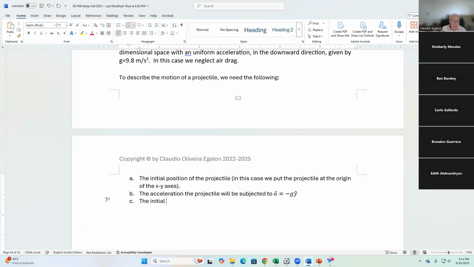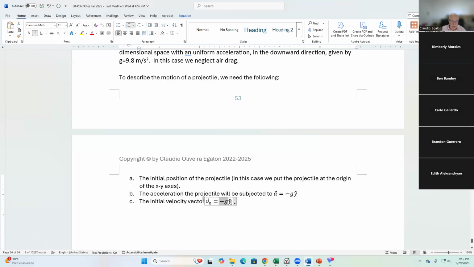The initial velocity vector. And by initial velocity vector, I mean V naught vector, okay?